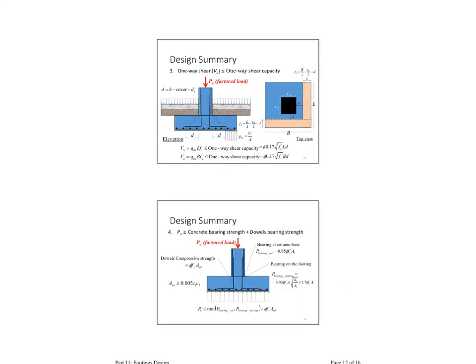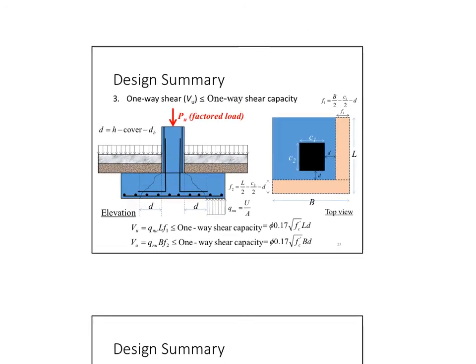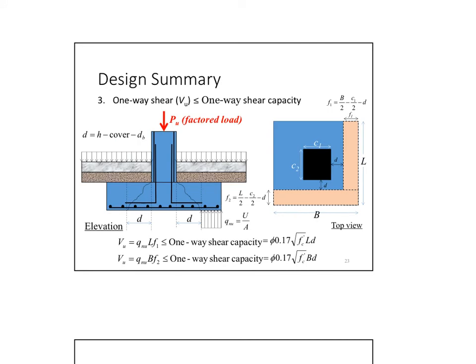And then going to the one-way shear. We have to do the one-way shear twice. One to this side, one to this side. If it's a square column and square footing, then we just do it once and it applies to both sides. I calculate Vu and Vu. Once again, here, I'll make it color-coded, this and this. I multiply L times f1, so the red is this.